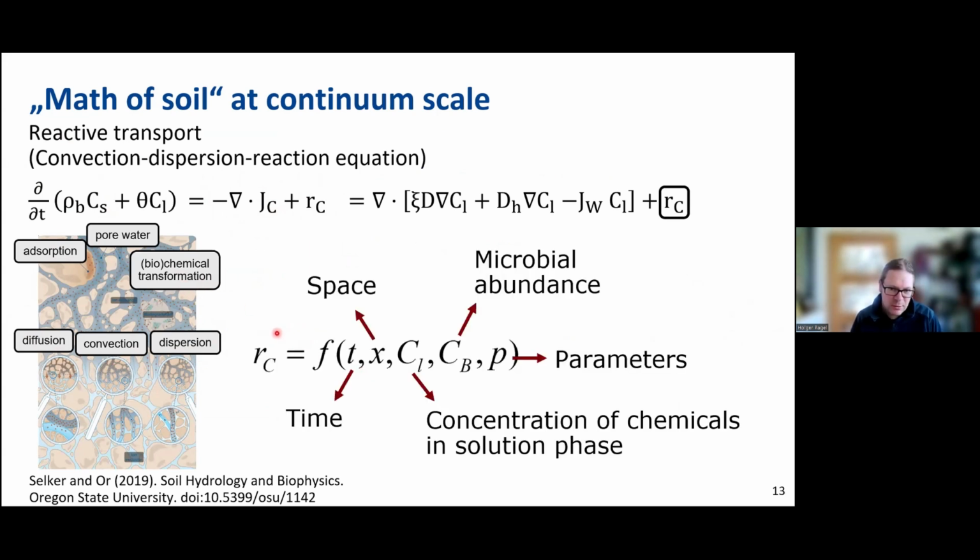And this reaction term in general is a function of time, space, and the soil profile of the concentration of chemicals in the solution phase. If we make the assumption that microbes can only access chemicals that are dissolved in the liquid phase in soil, then this reaction term is also dependent on the microbial abundance, and it is dependent on a number of parameters that we have to either measure or identify using inversion techniques.